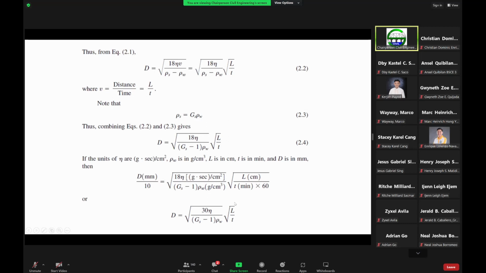So the 18 is now converted to 30, considering these units. That means if you want to follow this formula, then you have to be strict with the units of each term used in this formula.